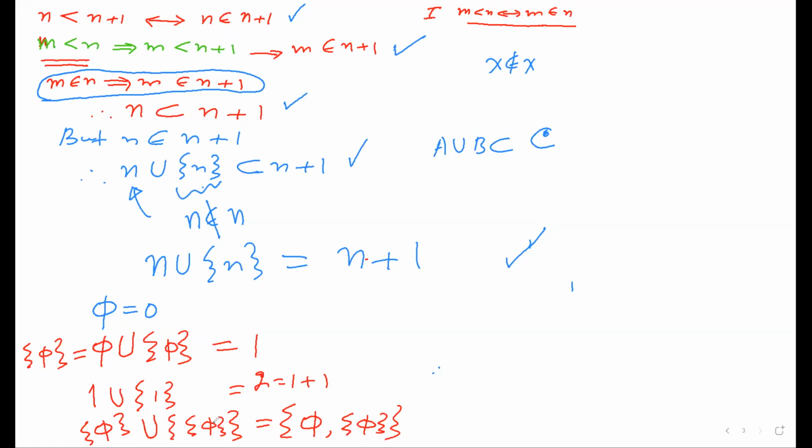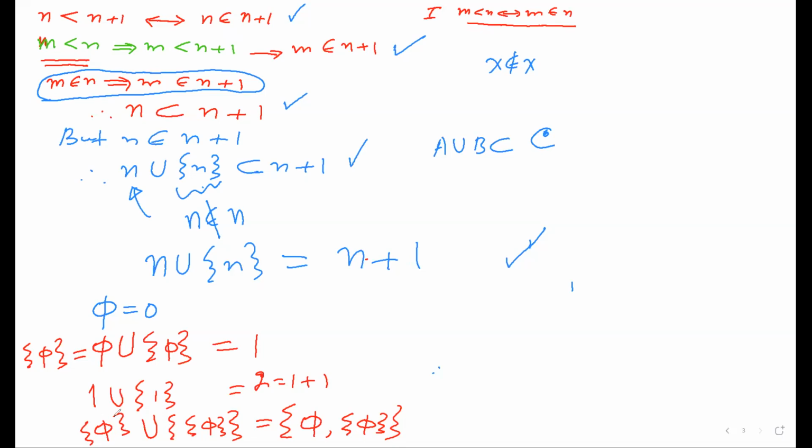Is this equal to this? What is this set? This is the set that has the elements from each of these sets, isn't it?